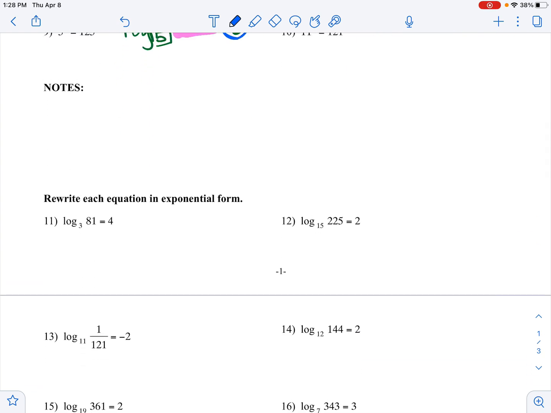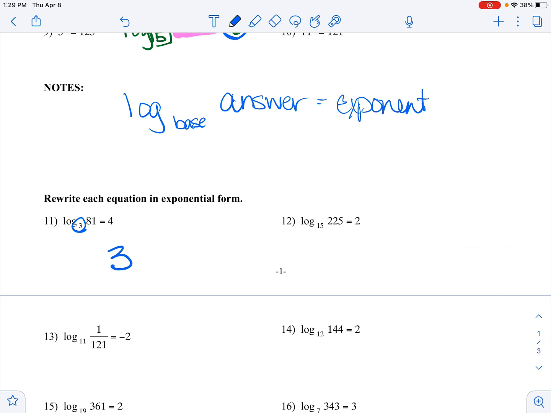So what if I'm asking you to do it the other way? Well, obviously, it is the log base, answer, equals exponent. So the base here is 3 to the what exponent?